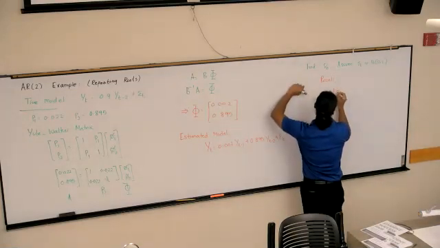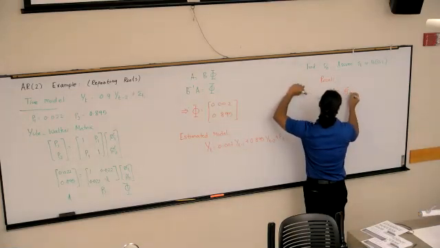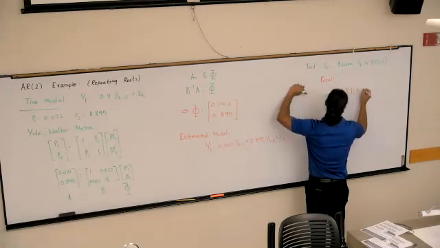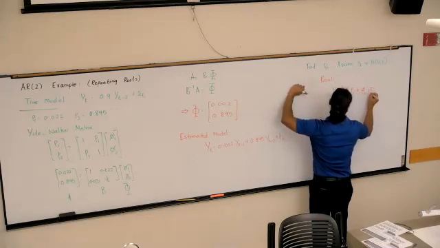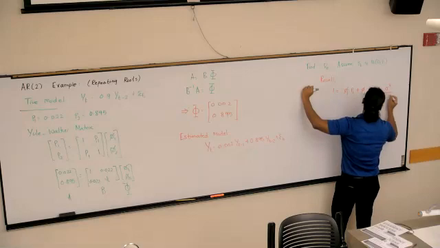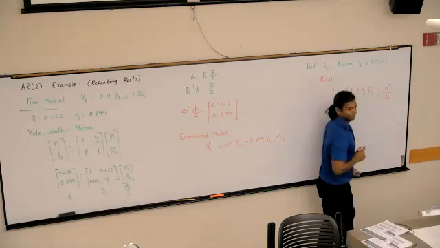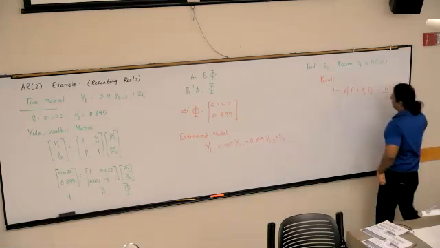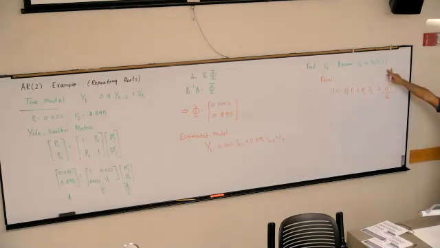So we had 1 equals phi1 rho1 plus phi2 rho2 plus sigma squared over gamma naught. Sigma squared is the variance of the noise, which in this case is 1.